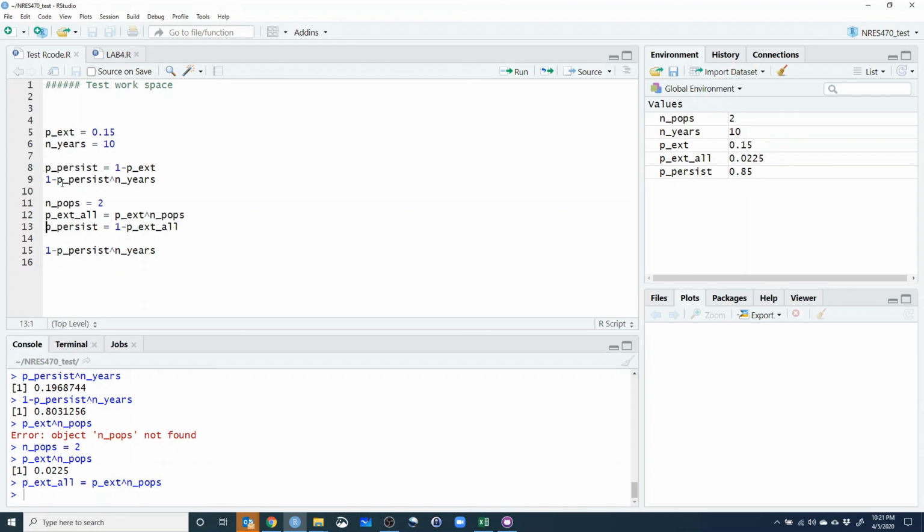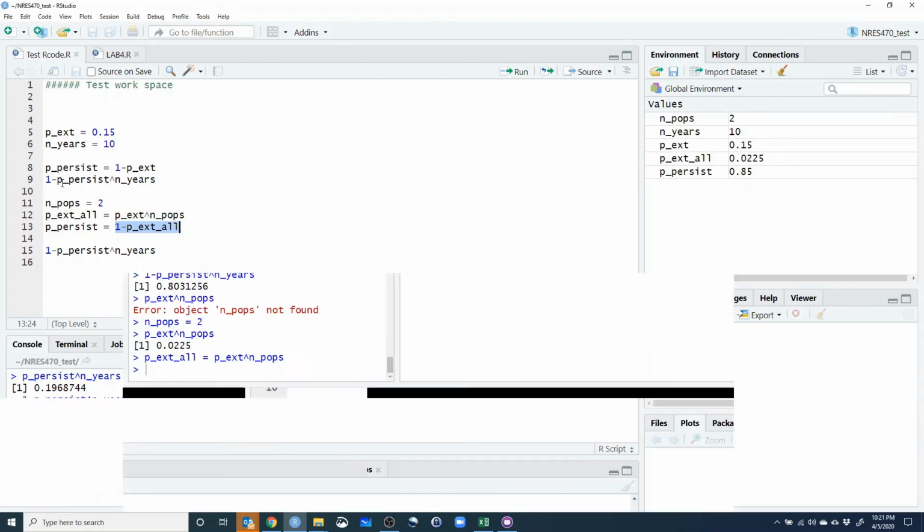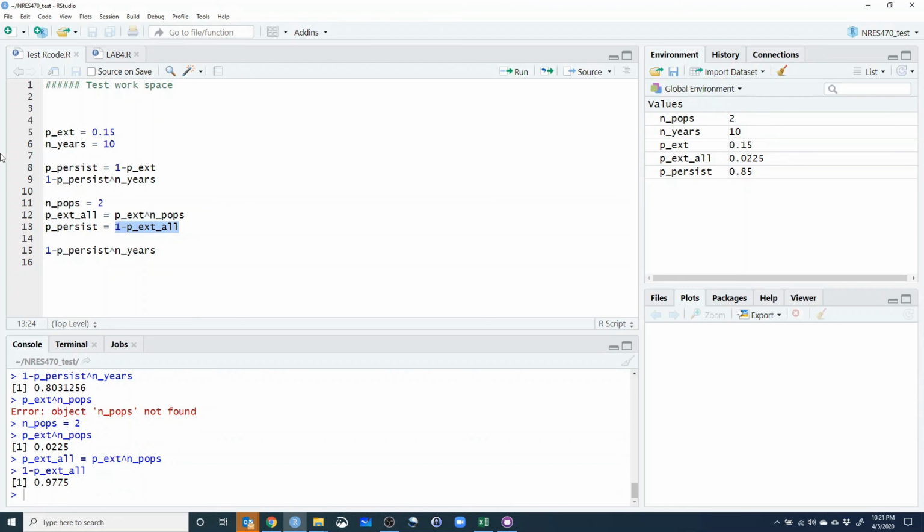Now we can say the probability of global persistence in a given year, right, is 1 minus the probability of extinction. So that ends up being 0.9775.